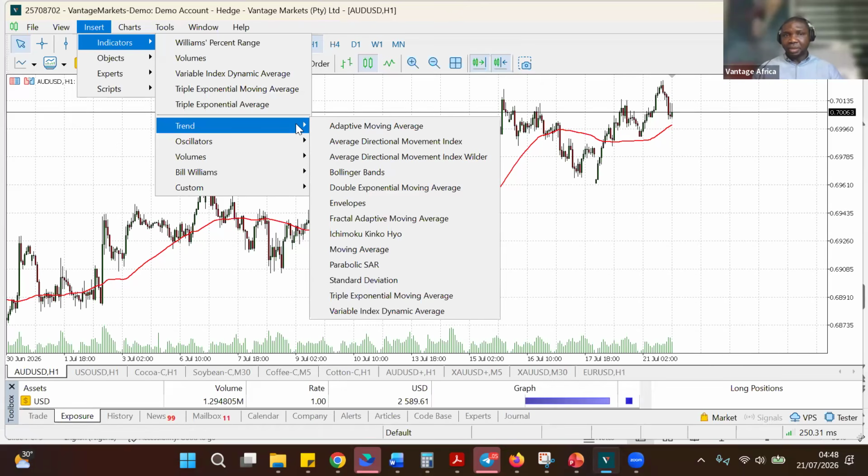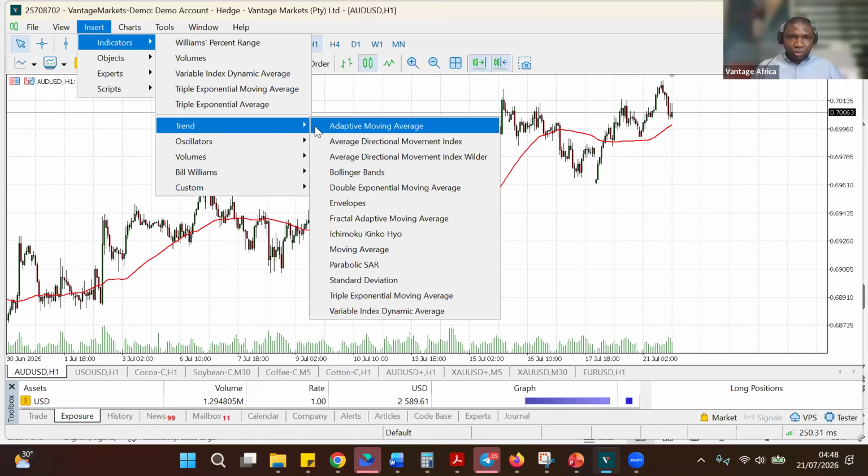There are other indicators, volatility indicators, momentum indicators, that are also classified under trend. So it's not like every indicator here is going to show you trend. No, it doesn't. Other types of indicators are classified under trend here.